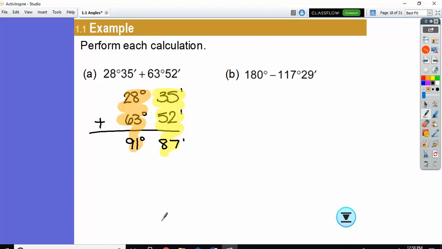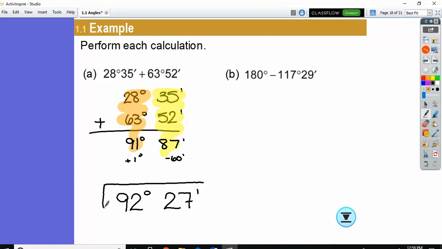You have to think how much an hour is in minutes. Anytime you get more than 60 minutes, you turn that into an hour, right? So here, if my minutes are more than 60, we will turn that into a degree. So essentially what we're going to do is take away 60 of those minutes and add 1 degree instead. So I would get 92 degrees and 27 minutes.